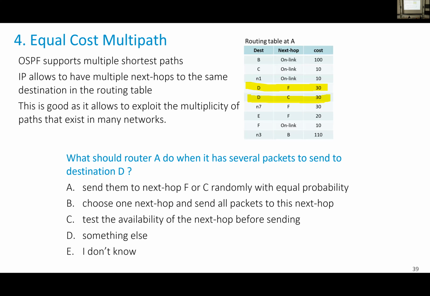I close the poll in a few seconds. And we see that the majority says A, which makes sense, but still has a problem. Remember TCP, right? If you send the packets randomly over two paths, then you might create some reordering of the packets, which is okay.